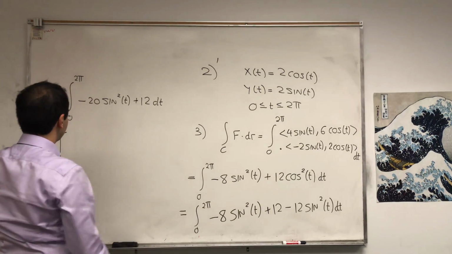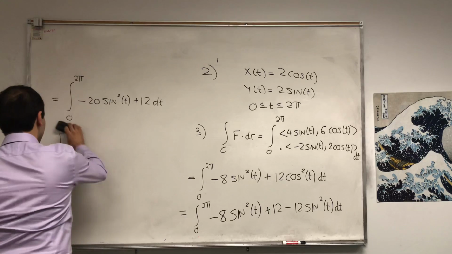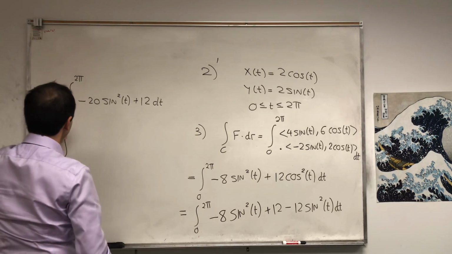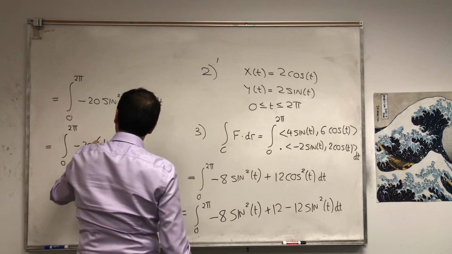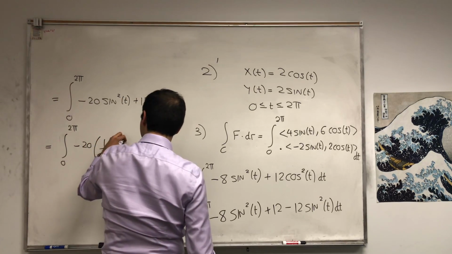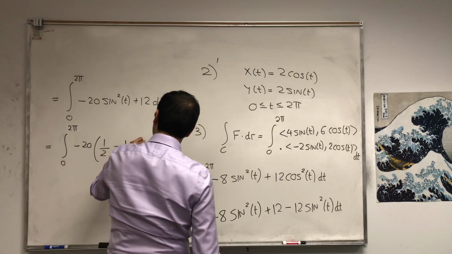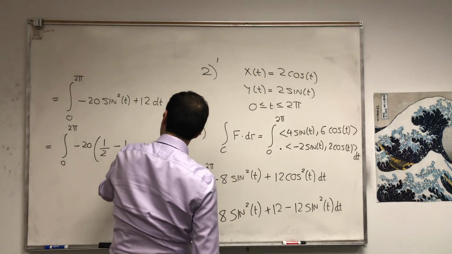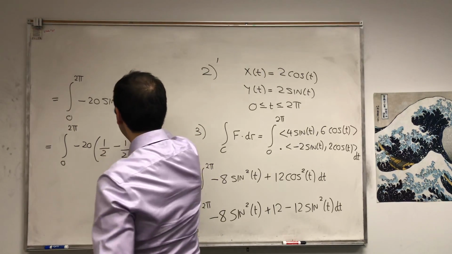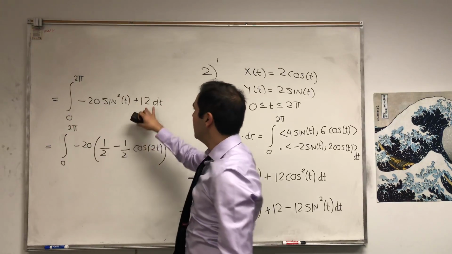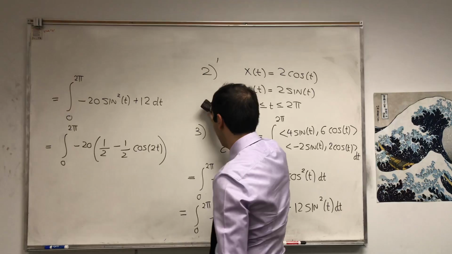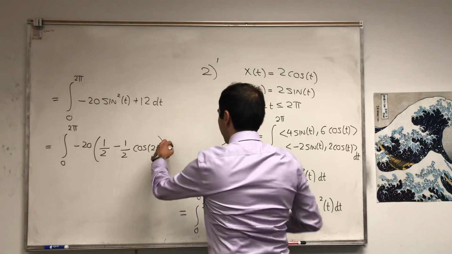And then this one you just evaluate. So that becomes the integral from 0 to 2 pi of minus 20 times (1/2 minus 1/2 cosine of 2t). And then plus 12 times the integral from 0 to 2 pi, that becomes 12 times 2 pi, so 24 pi.